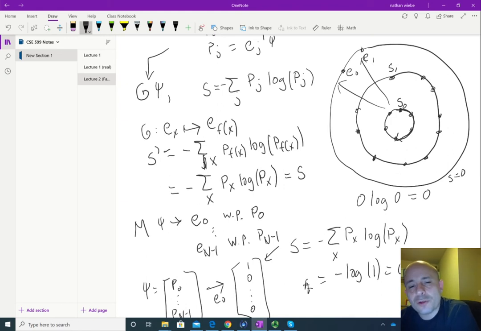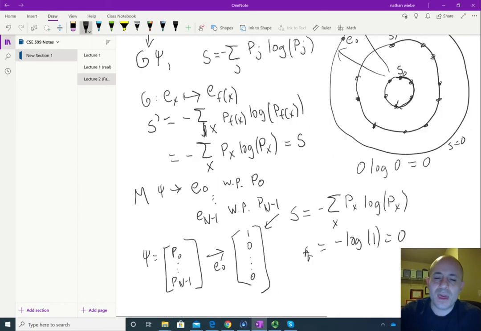So measurement is the only thing in this model of computing that actually allows you to change your entropy. That's what you can use to suck information and/or entropy out of the system or put it back in.